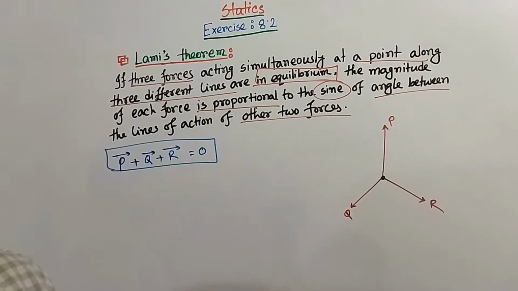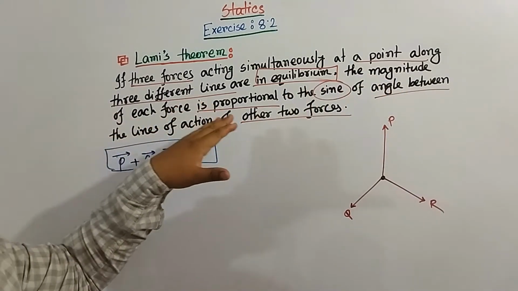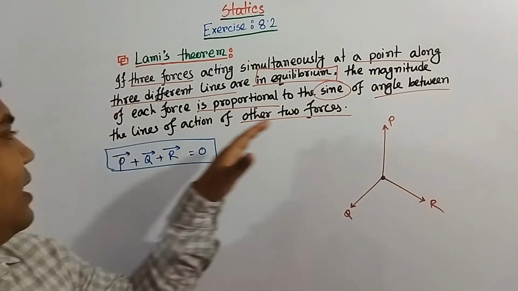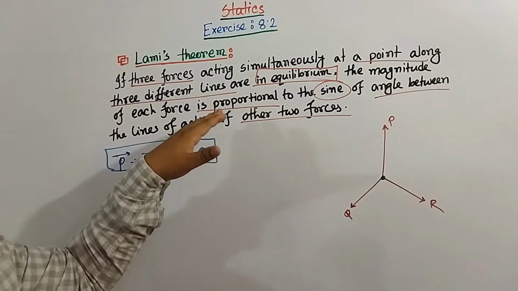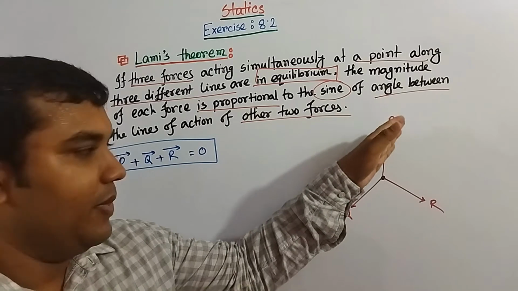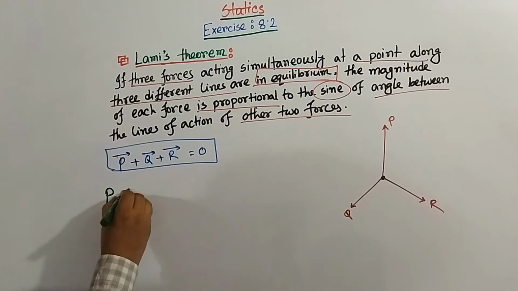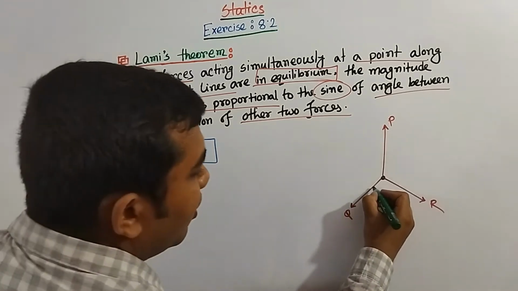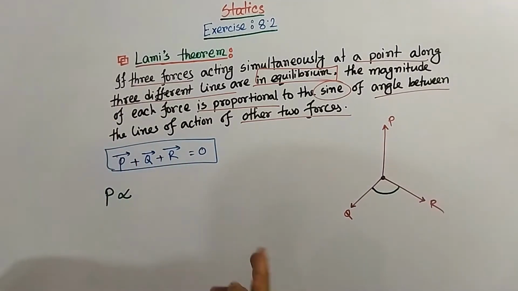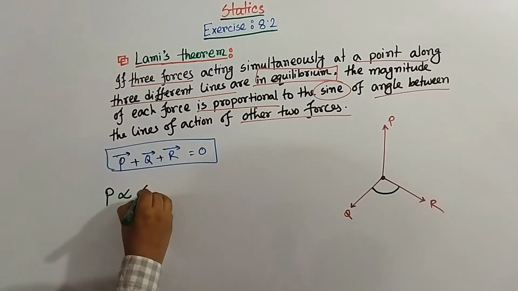Okay, if this, then the magnitude of each force is proportional to the sine of the angle between the lines of action of the other two forces. That means this force P should be proportional to the sine of the opposite angle.